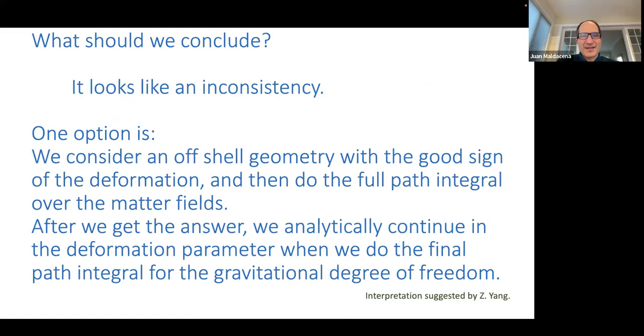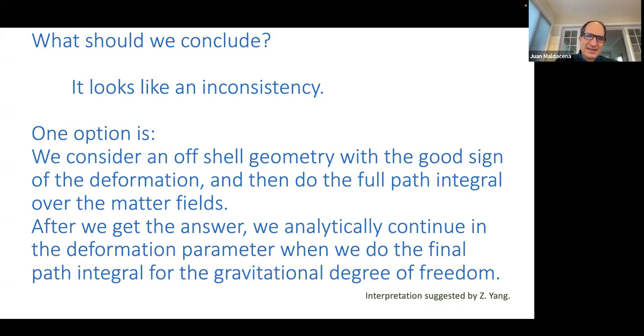Naively, one might think that this looks like an inconsistency, but I think perhaps the most conservative option is the following way to interpret this result. We consider first an off-shell geometry with the good sign. We do the path integral over the matter fields with this off-shell geometry with the correct sign, where the path integral is well defined.